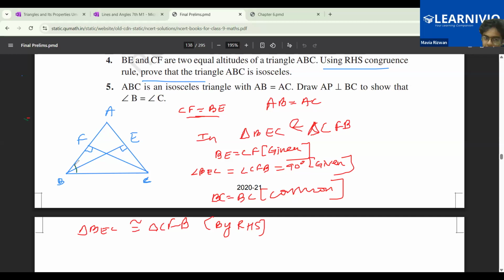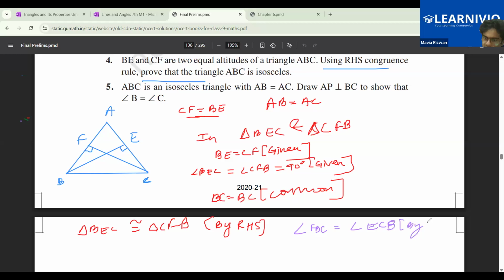Angle B would be equal to angle C by CPCT. I'll change the color to purple. Angle FBC is equal to angle ECB by CPCT.